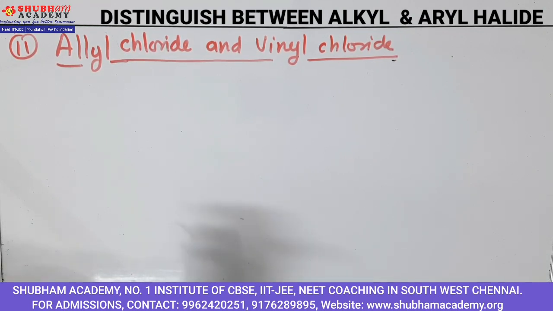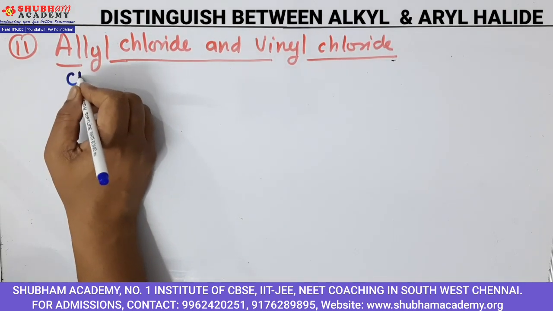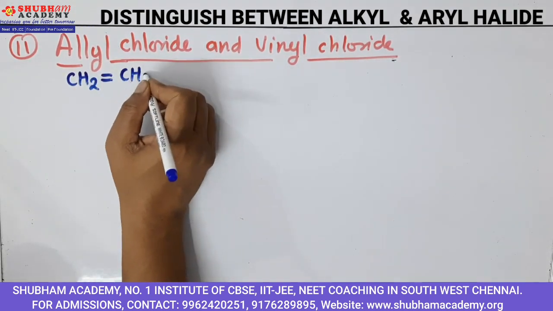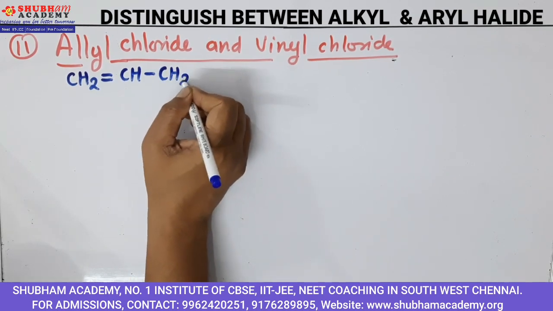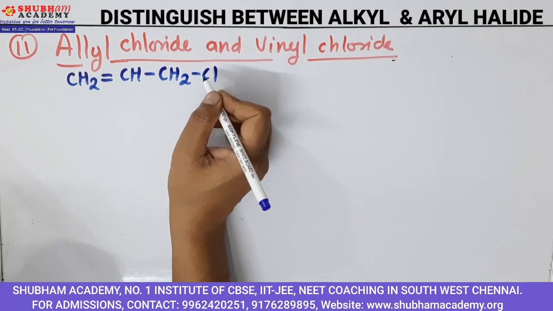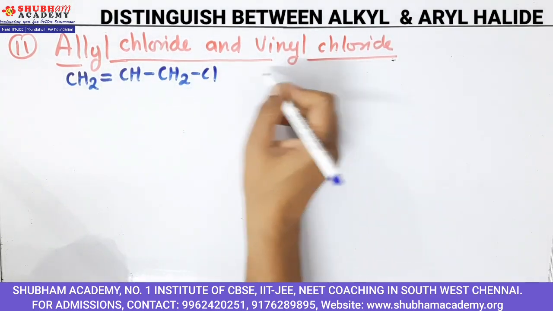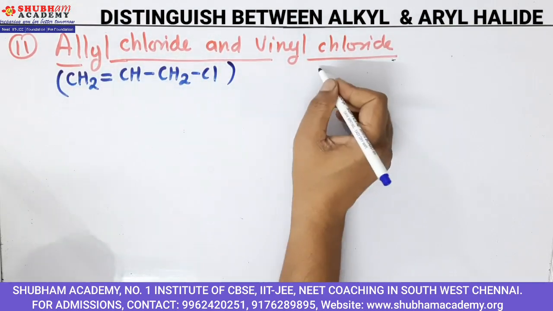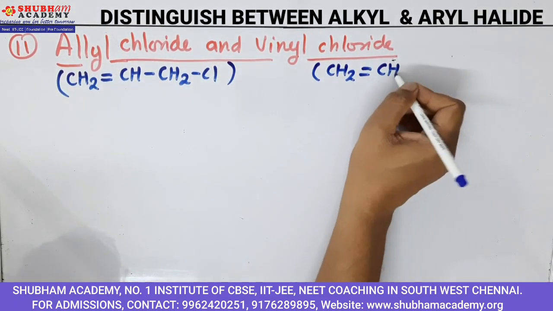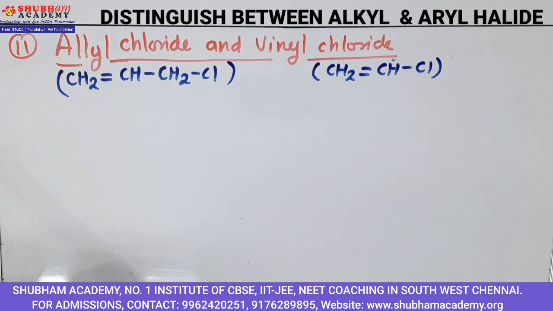So what is allyl chloride? CH2 double bond CH single bond CH2Cl, okay, and vinyl chloride is CH2 double bond CHCl, right.